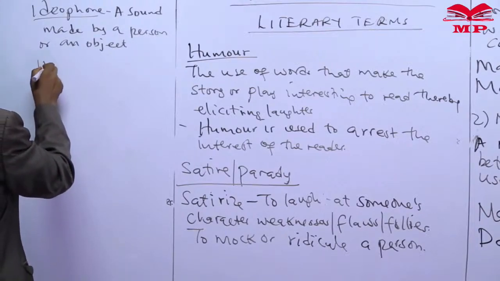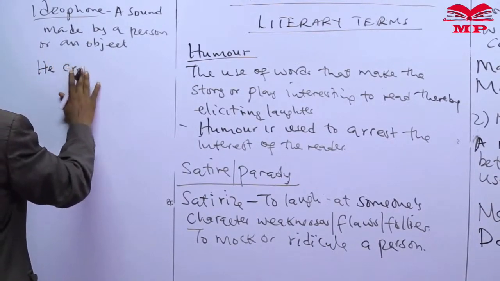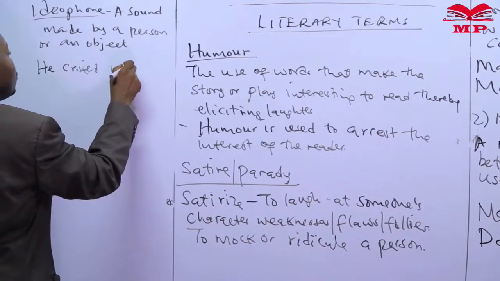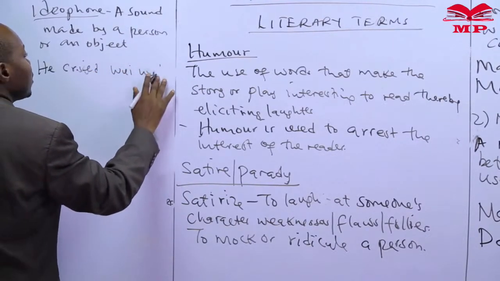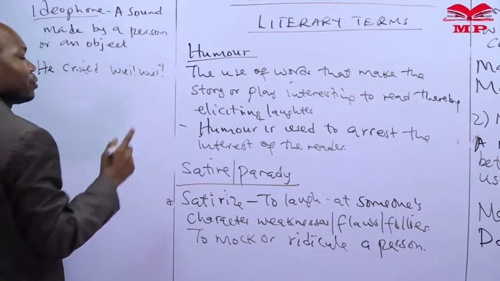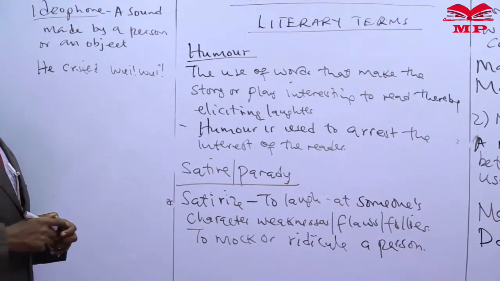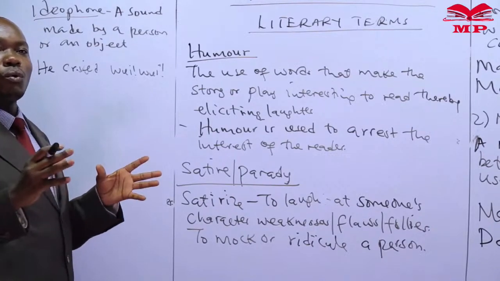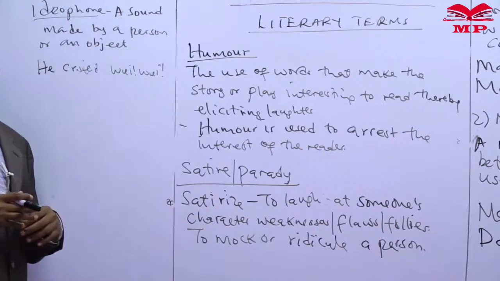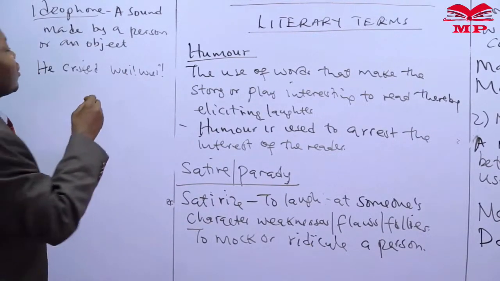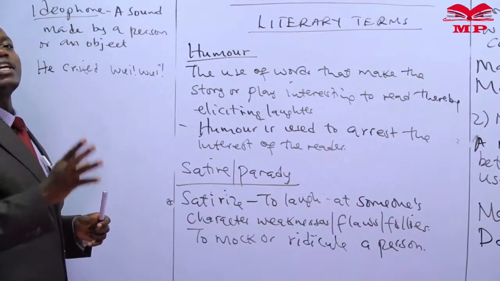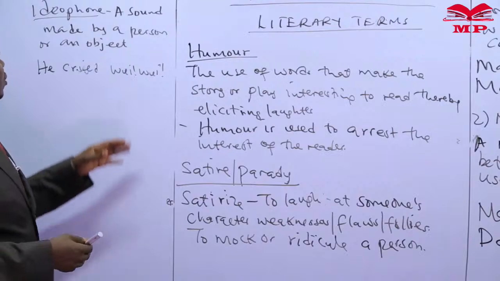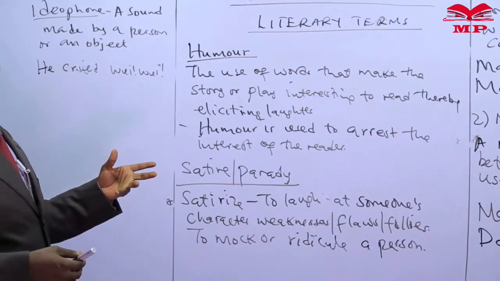He cried, woo-wee, woo-wee. Like when people scream, woo-wee, woo-wee. Now that is an idiophone. This sound woo-wee, woo-wee is not an English word actually. So we call that an idiophone.